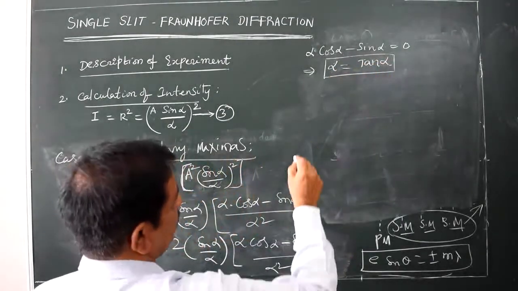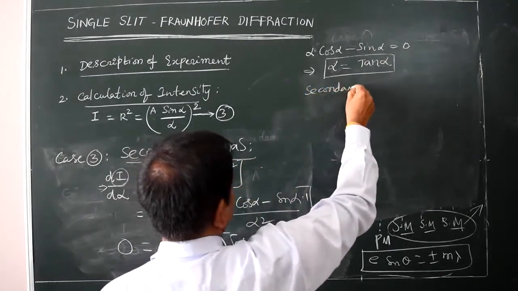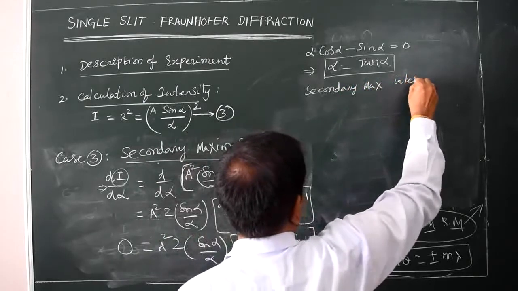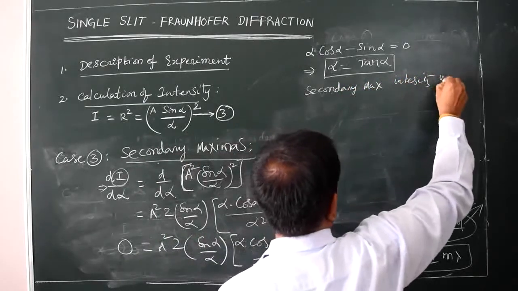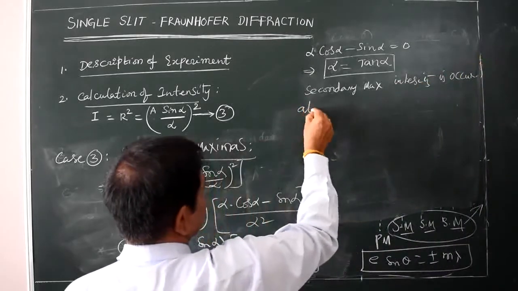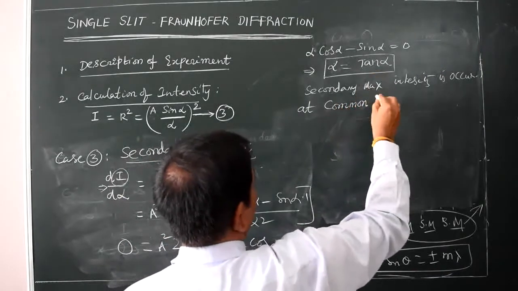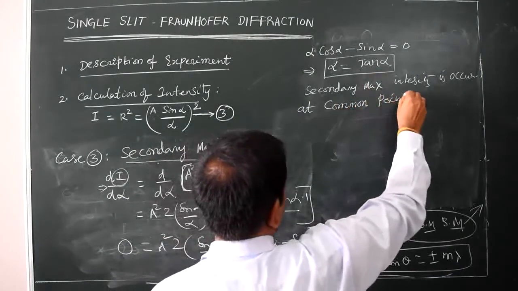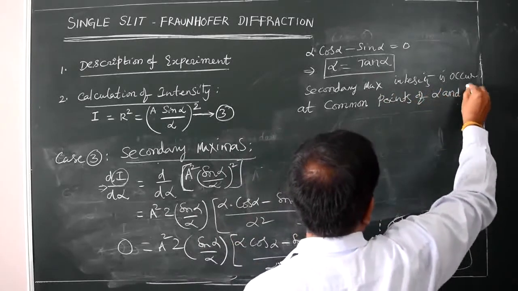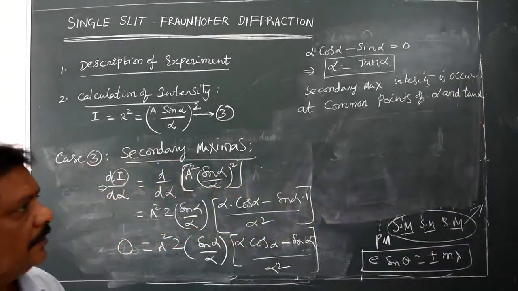So the secondary maxima intensity occurs at the common points of alpha and tan alpha, satisfying the common points of alpha and tan alpha.